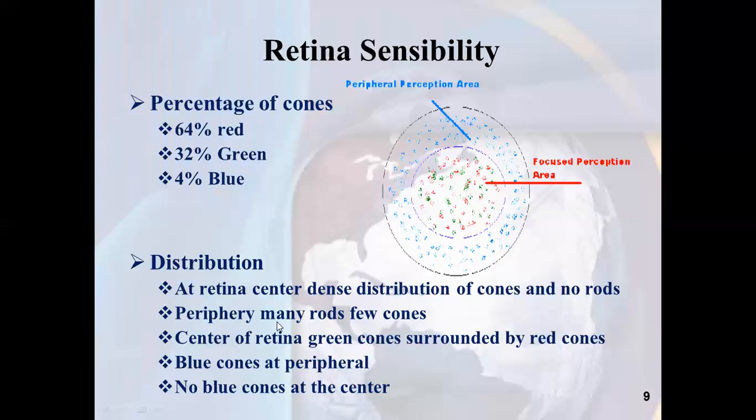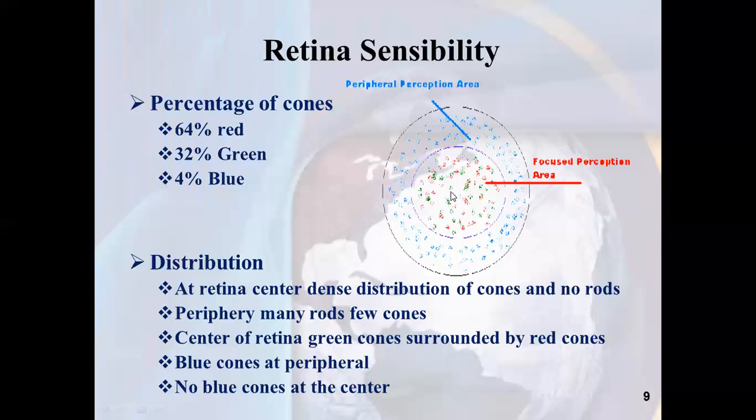Periphery, this is a periphery. We have many rods, but few cones. We have rods here, but the number of cones is low. At the center of retina, we have green cones surrounded by red cones. Here, in the center, we have green and red. And at the peripheral, we have blue cones.